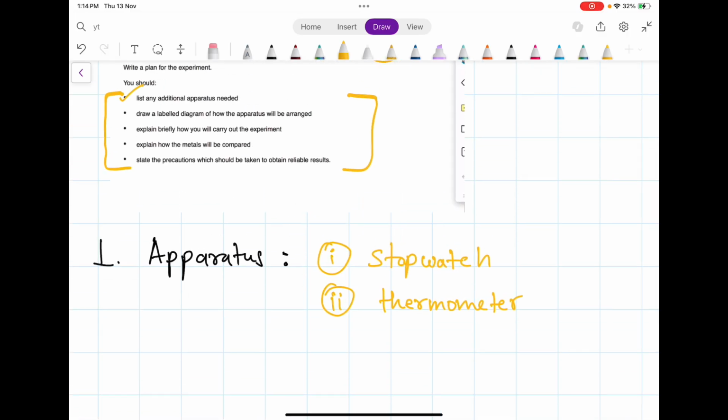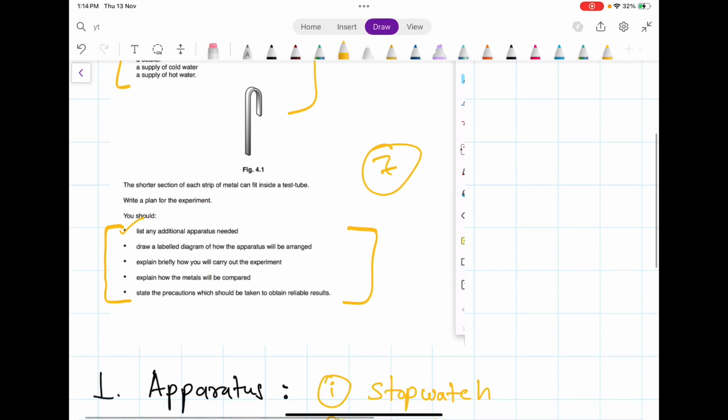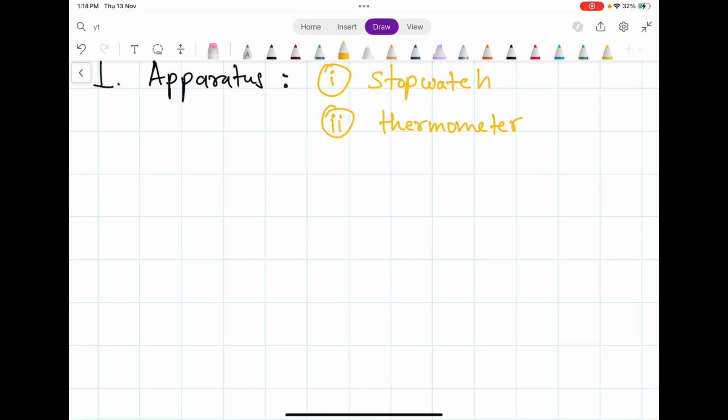Now second point, draw a labelled diagram of how the apparatus will be arranged. For this experiment we can take a beaker and a metal rod.